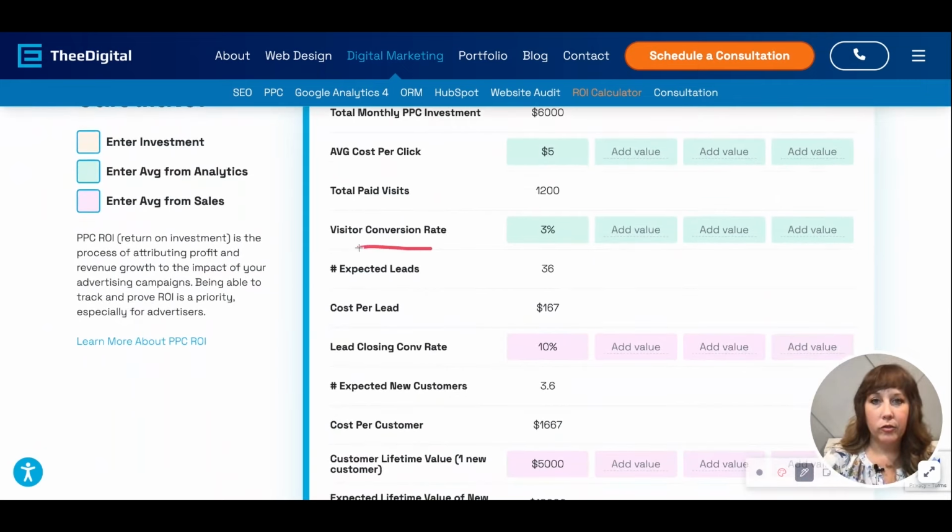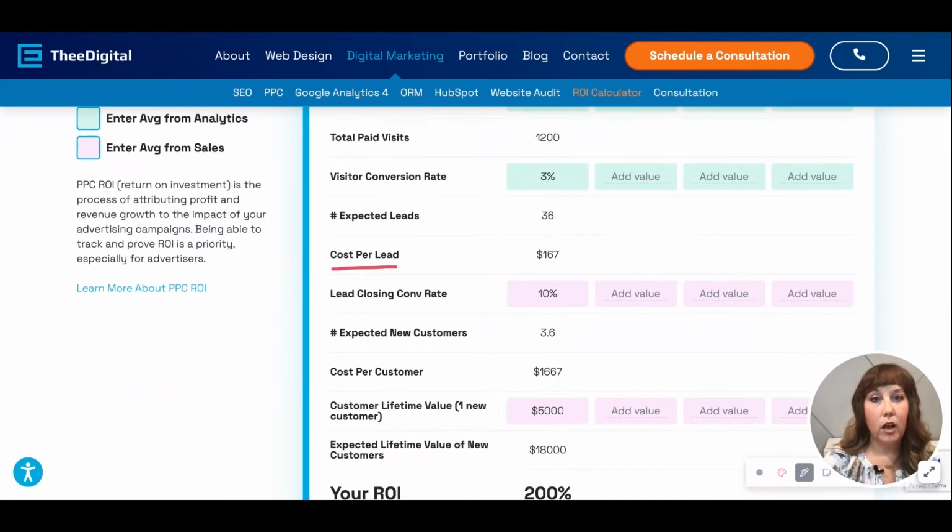The visitor conversion rate is the percentage of those visits that convert. Expected leads is a calculation of the total visits times the people who convert. The cost per lead is the spend divided by the number of leads.